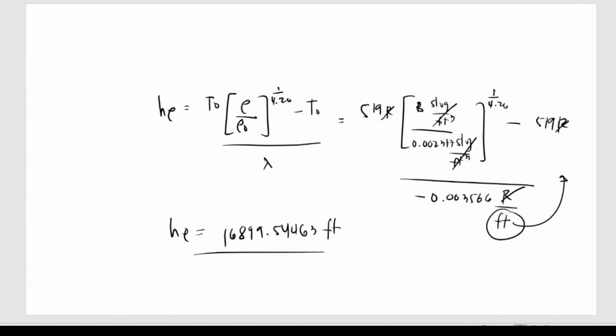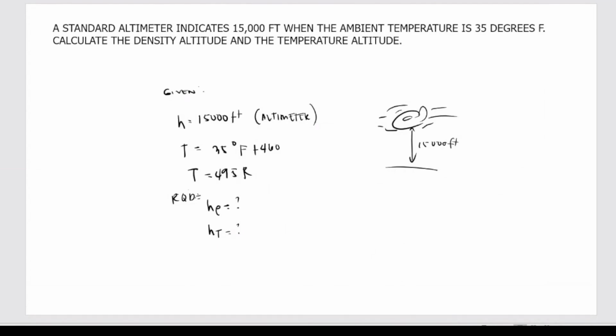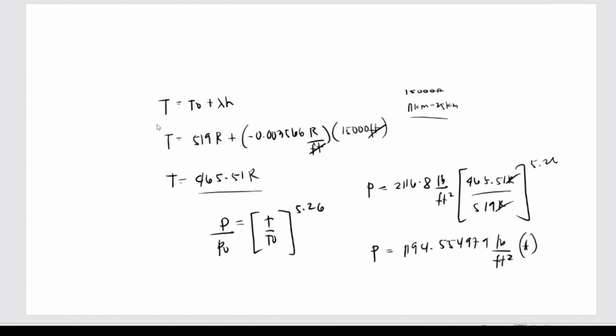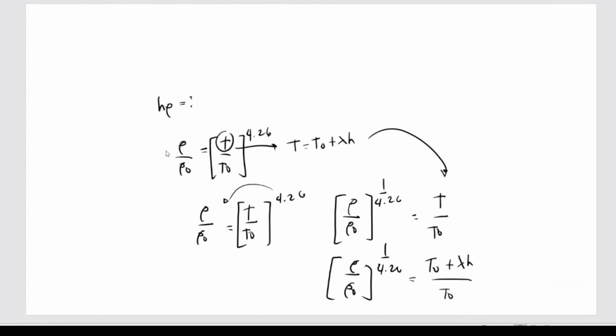So, that is your density altitude. Para naman sa temperature altitude, gagamitin natin yung ambient temperature na binigay. Hindi mo gagamitin ang nakuha mo dito for density altitude kasi magkakaiba silang reading dun sa instrument.